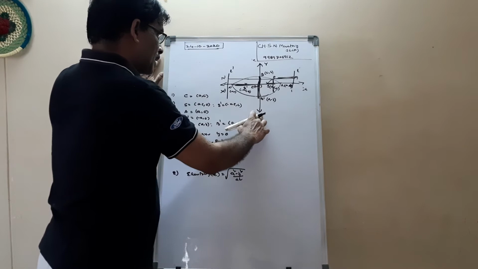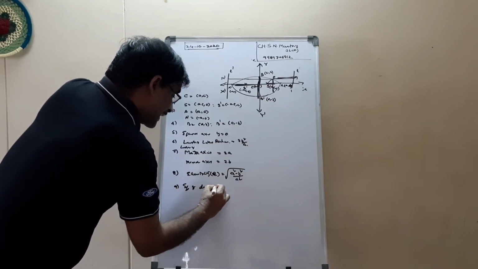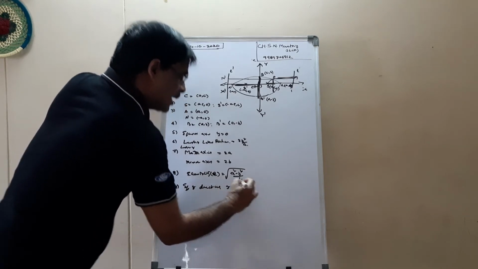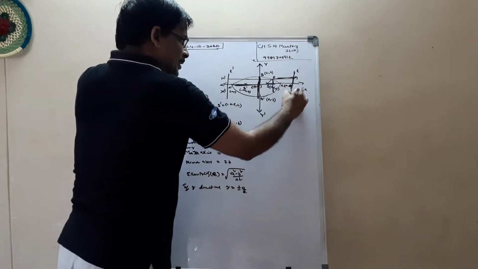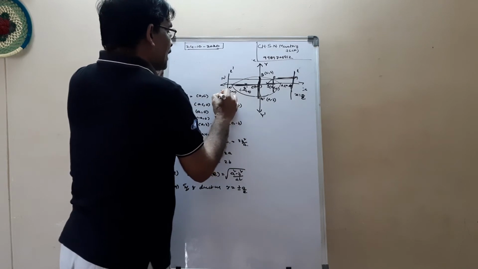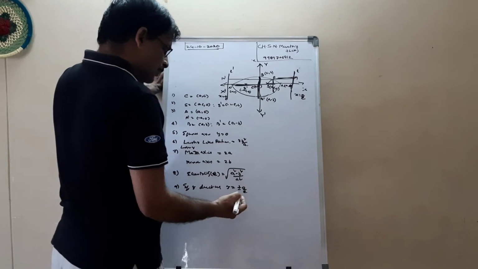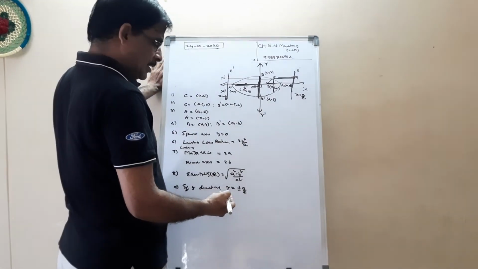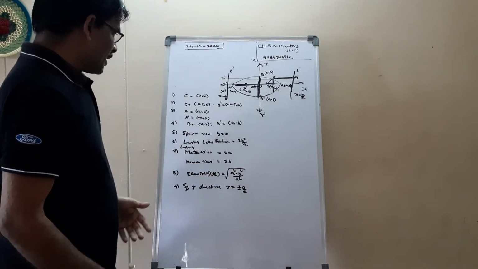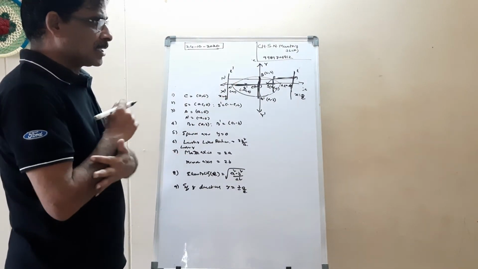Equation of directrix, x equal to plus or minus a by e. Here x equal to a by e, and here x equal to minus a by e. The equation means x plus or minus a by e equal to 0. See, these are the 9 things you observed from this diagram.